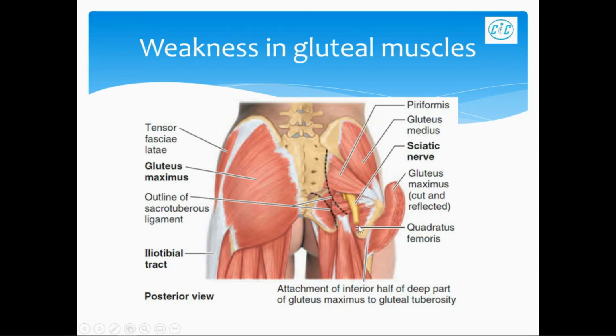So it is very important to do the gluteal exercises. As you can see in younger people or older people or the middle aged, the buttock size is not as big as it should be because of the loss of muscle mass in this area due to the lack of movement, lack of exercise.